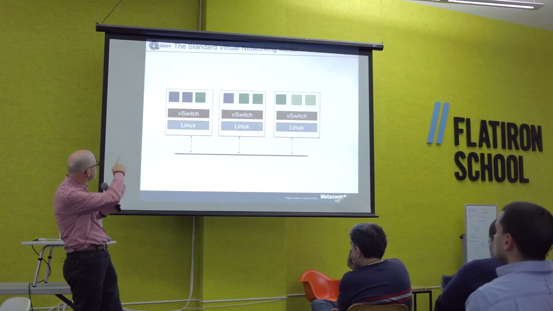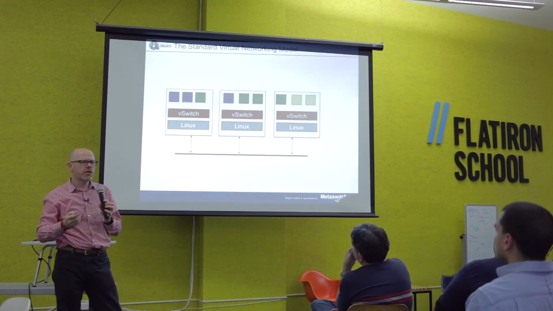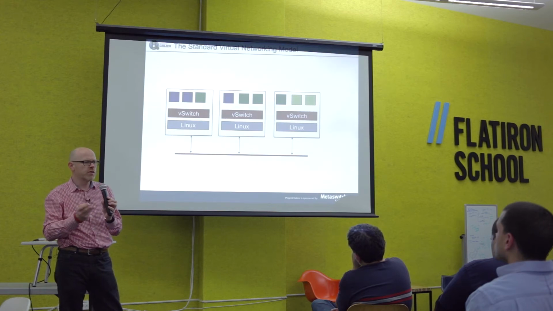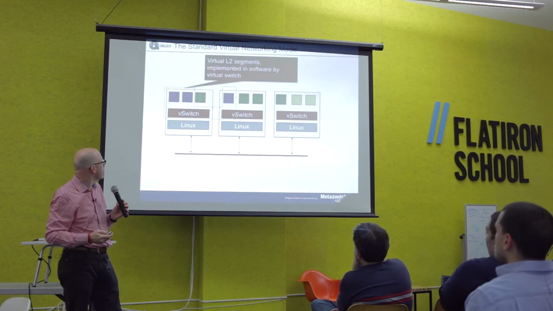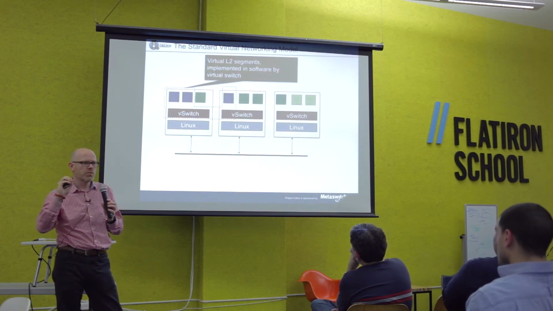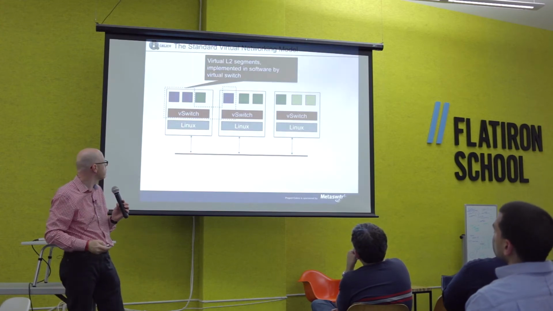I'm not sure if you can see the colors here. I have purple workloads and green workloads. The idea here is that the purples are meant to be able to talk to each other, the greens are meant to be able to talk to each other, but the policy is you don't want purples to talk to greens. So you'll typically set up a layer 2 segment for each of those tenants or security groups.